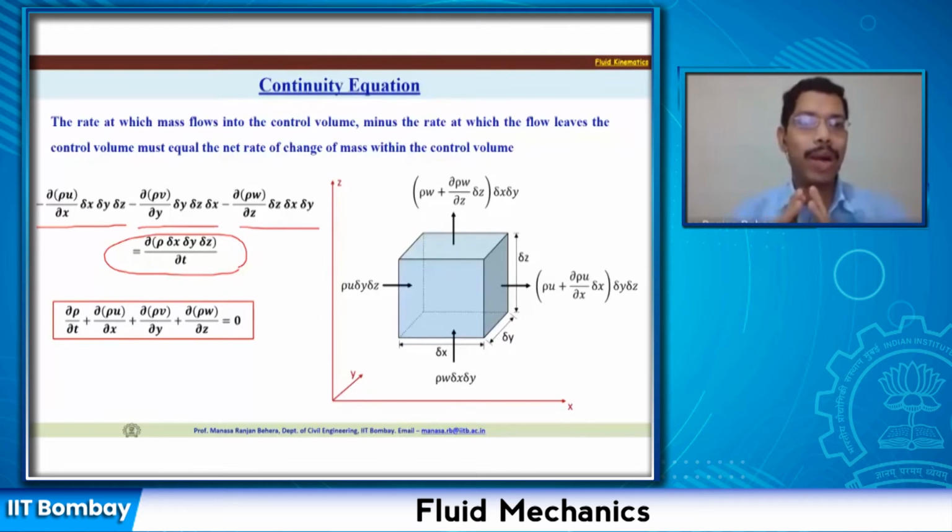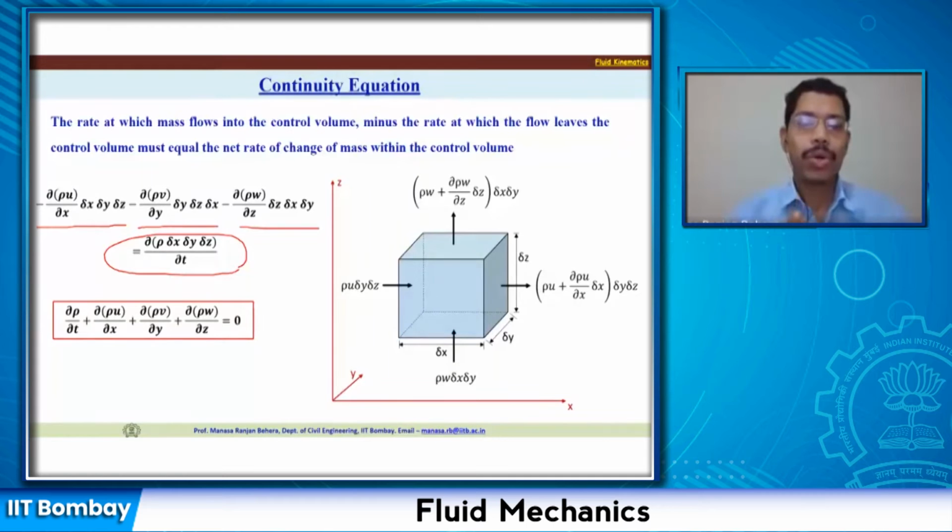You will be able to write down dou rho by dou t, plus, because all these minus will become plus when you take it to one side, dou rho u by dou x plus dou rho v by dou y plus dou rho w by dou z is going to be equal to 0. This equation is nothing but your continuity equation that satisfies the conservation of mass for a control volume.